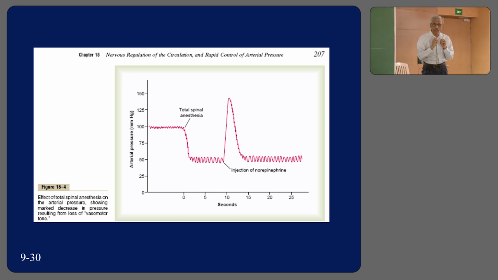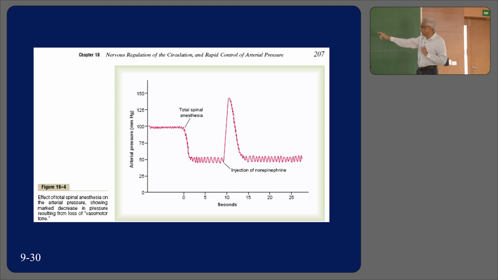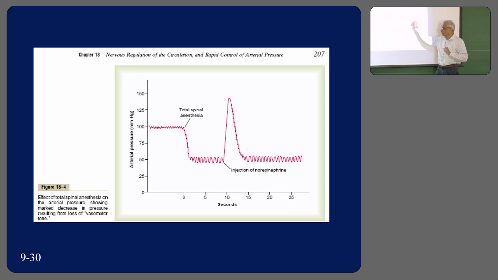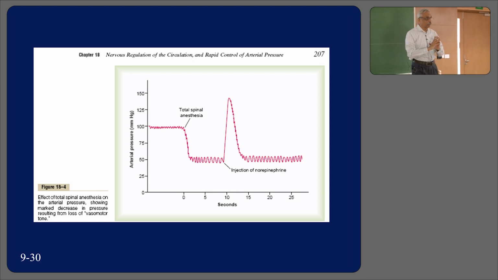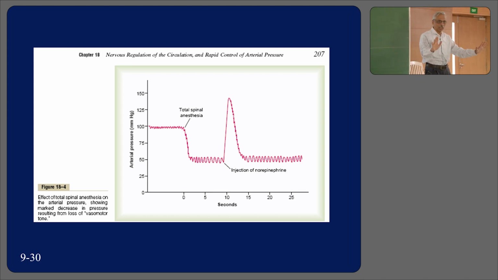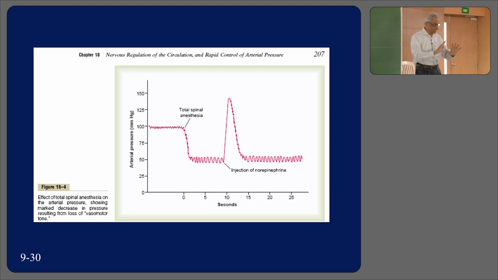And then the moment I give an anesthetic-like substance in the spinal cord, what happens to the blood pressure? It falls. And then when it has fallen, I give an injection of norepinephrine. So what I see is an effect of norepinephrine which is not camouflaged, not hidden by any compensatory mechanism. I see the naked effect of norepinephrine, and it is profound.